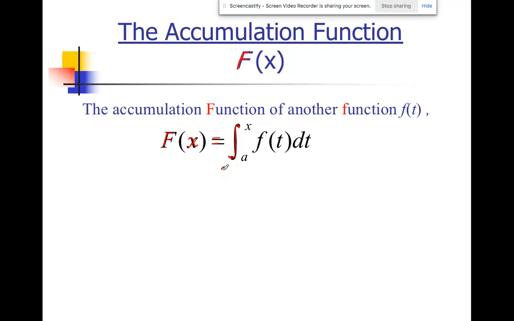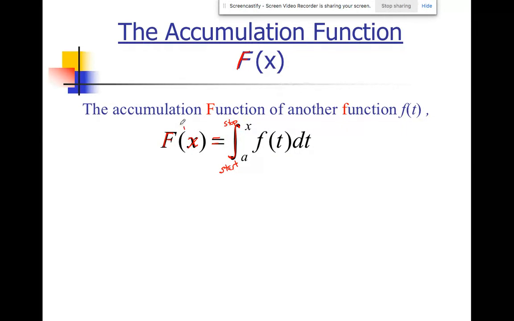But it's an integral where you start at a number a, but you don't stop at b. You stop at 1. Then you stop at 2. Then you stop at 5. Then you stop at -2.